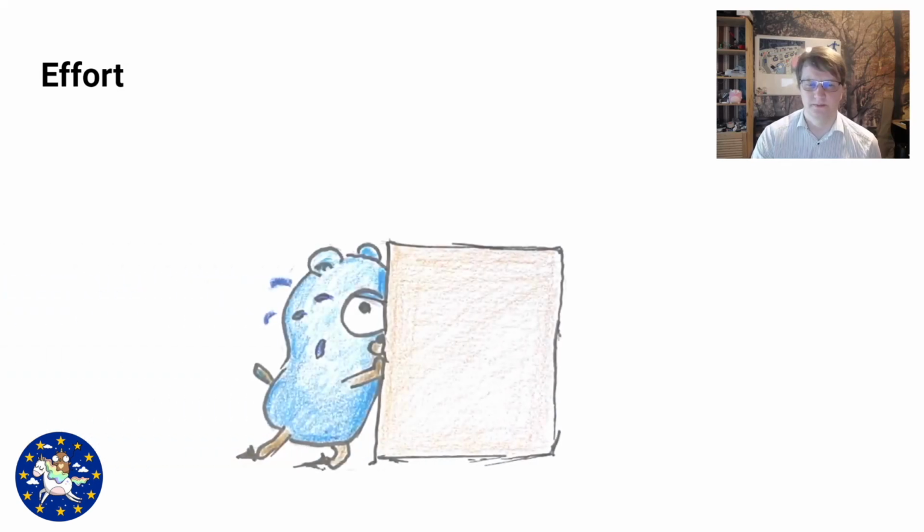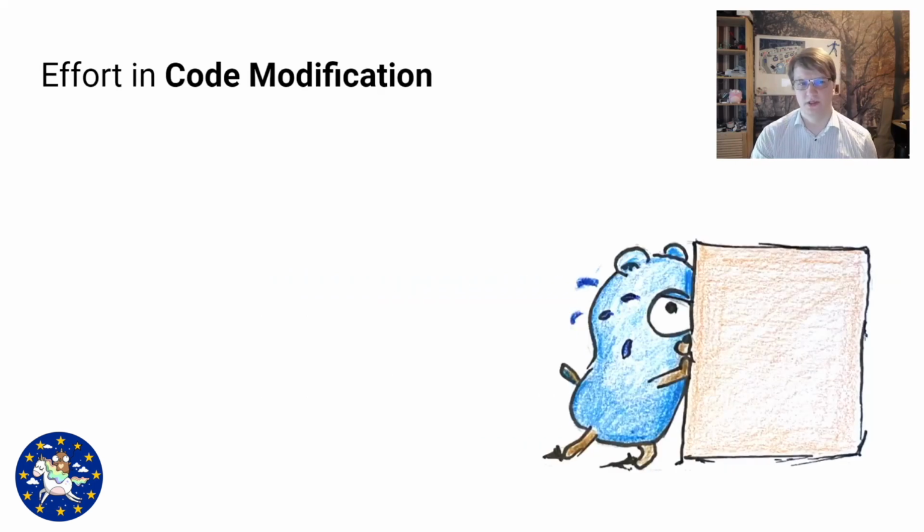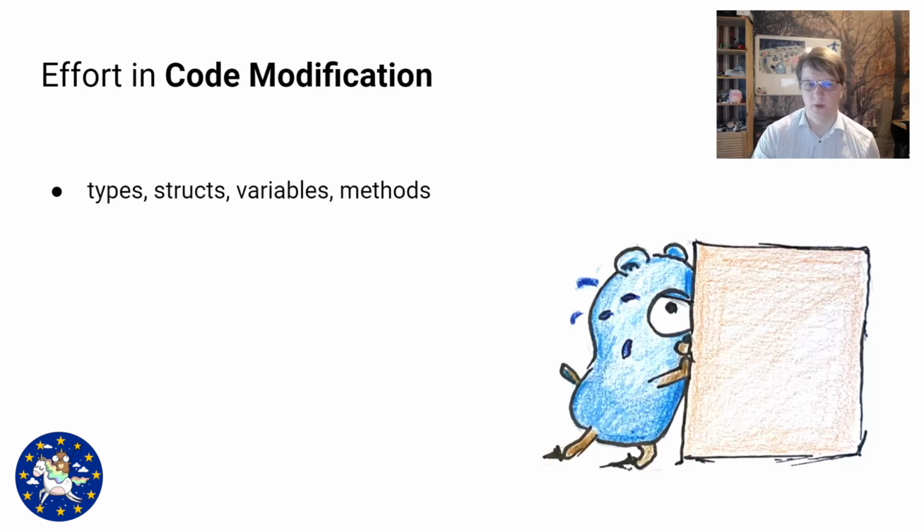For example, we may want to consider how much effort it is to modify code when we want to maybe rename types or add new types, maybe modify a method, or move packages around, or rename packages, or create new ones. Maybe there are things to do with testing, how difficult it is to test the software or write new tests.